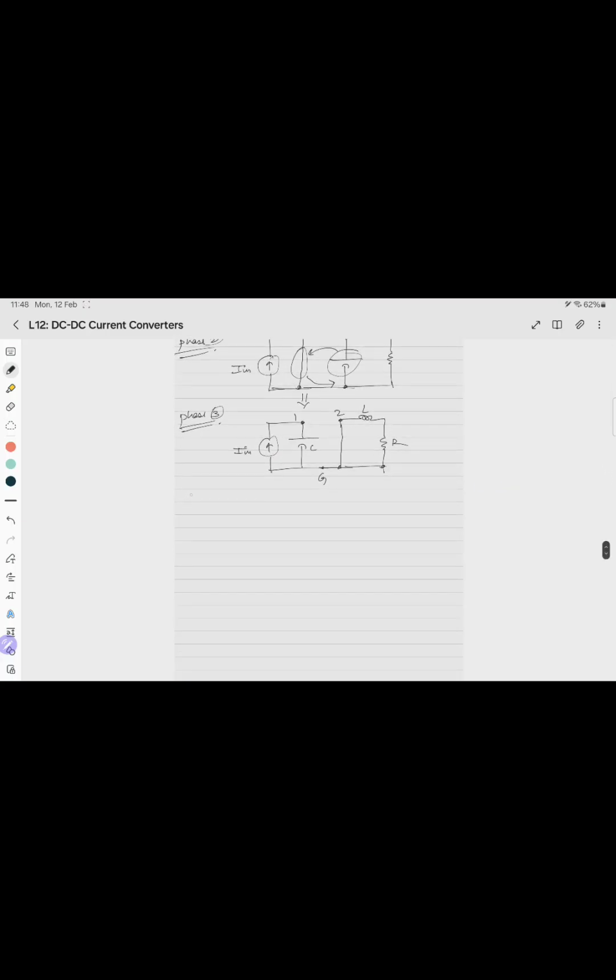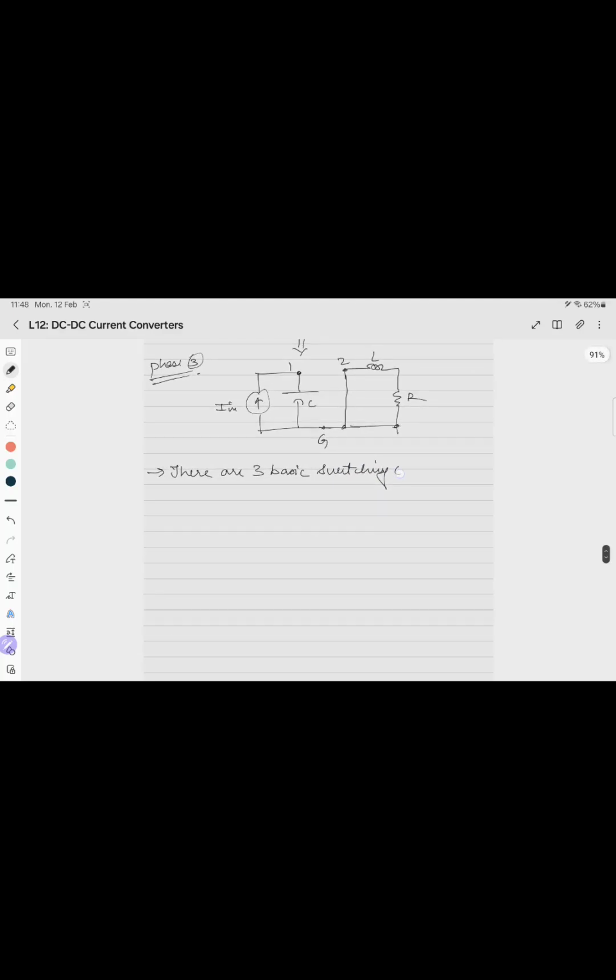So these are the valid phases. Now deriving the topology which gives these 3 valid ways. Similar to the DC-DC boost, similar to the DC-DC voltage converter, there are 3 basic switching configurations available for the above 3 phases.